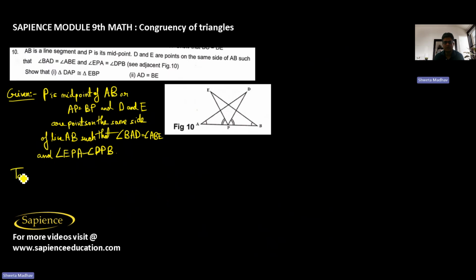Then we have to prove that first, triangle DAP is congruent to triangle EBP. The second is AD is equal to BE.